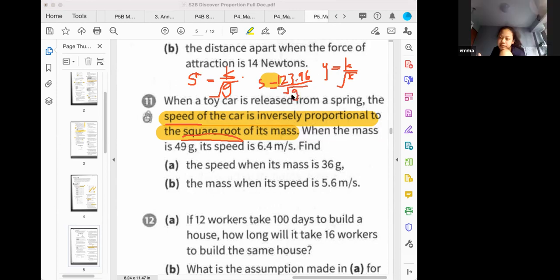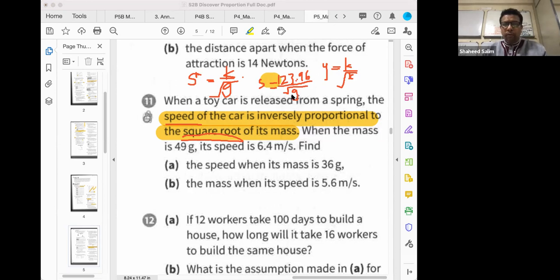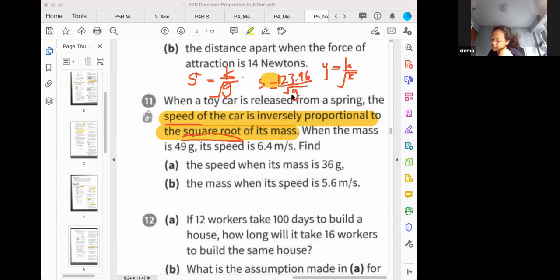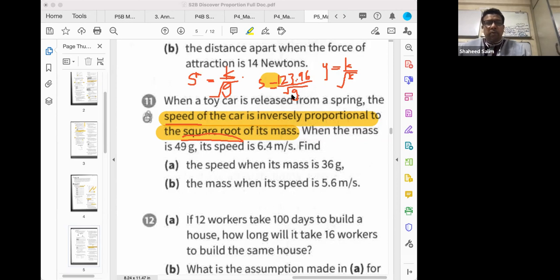So now, can you, you know that G is 36? 123.96 divided by 6. The speed when it is 20.6. Okay. The speed when the mass.